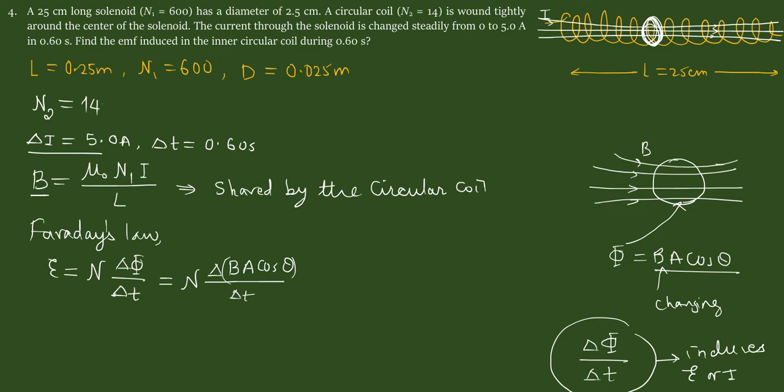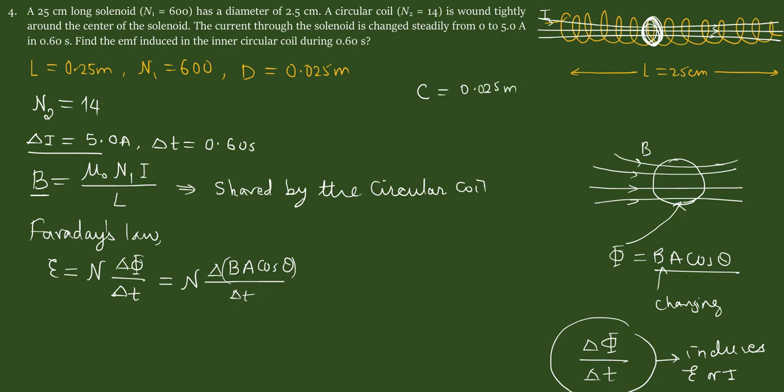The circumference of this loop and the circumference of the solenoid would be the same, because this circular loop is tightly wound around this solenoid. That means the circumference of both the coil and the solenoid would be 0.025 meters.